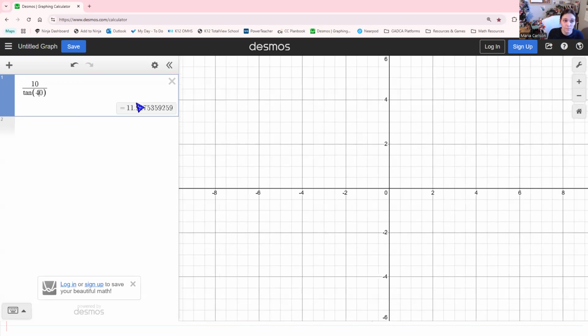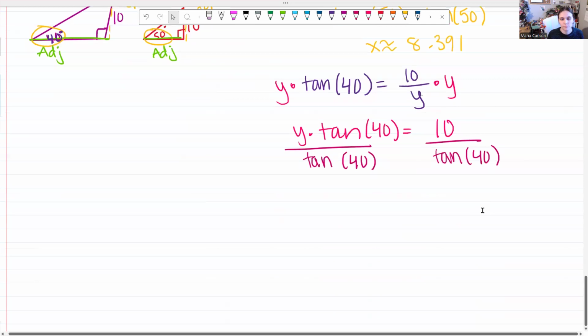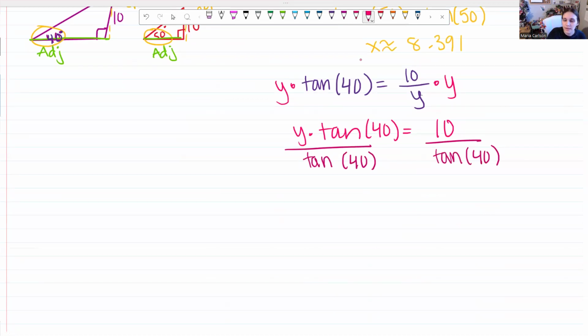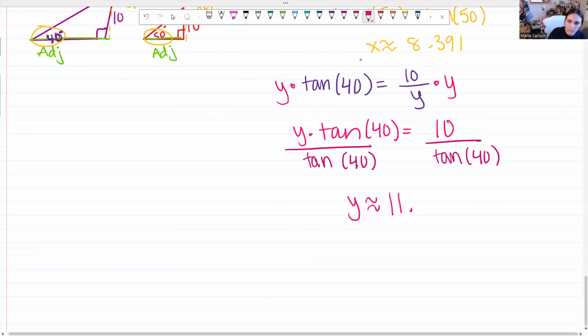And that is 11.917, except the 5 that comes after the 7 tells us to round it up to 8. So this says then that y is approximately 11.918.